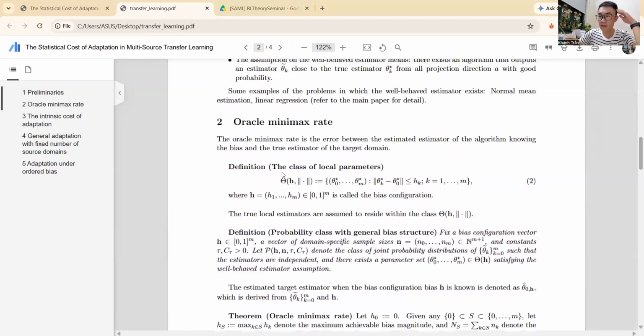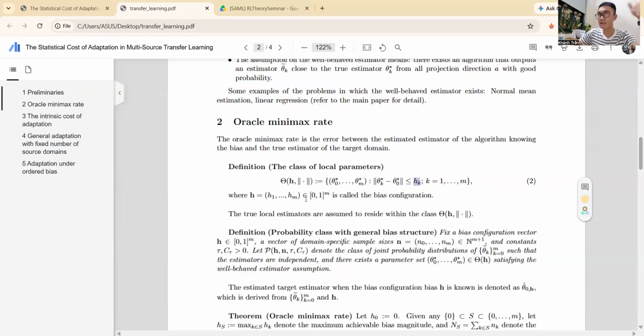We have a definition here: the class of local parameters. Here H is the bias configuration, and the class of local parameters is a set of parameters where the distance of the k-th domain's estimator to the target true estimator is smaller than s_k. s_k is a scalar.